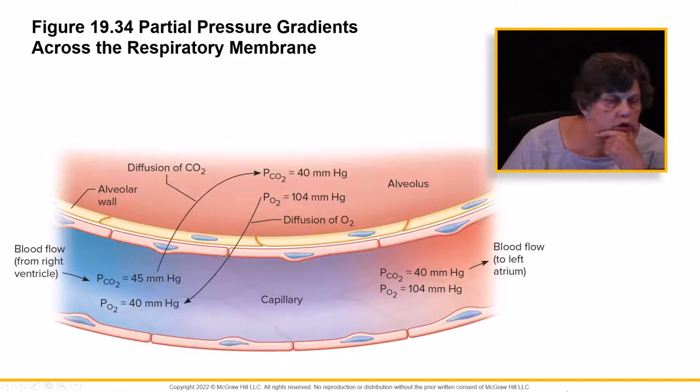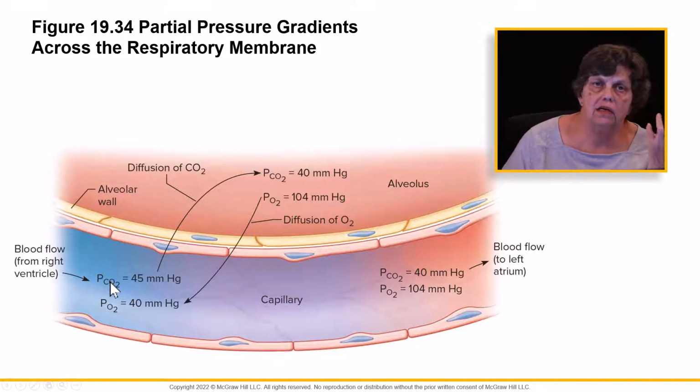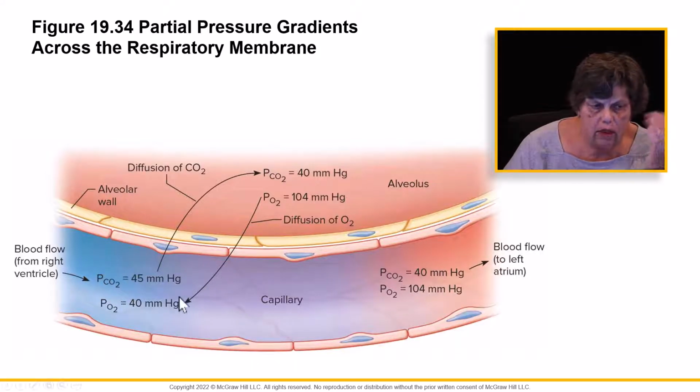So if we look across here, this is the coming in on that arterial side from the pulmonary artery. And look at the partial pressures. The PCO2, we said this is deoxygenated blood at this point, okay?